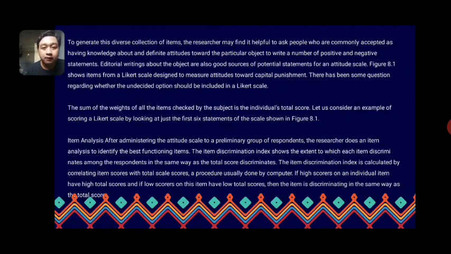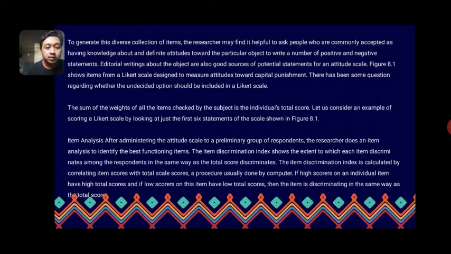Item analysis. After administering the attitude scale to a preliminary group of respondents, the researcher does an item analysis to identify the best functioning items. The item discrimination index shows the extent to which each item discriminates among the respondents in the same way as the total score discriminates.